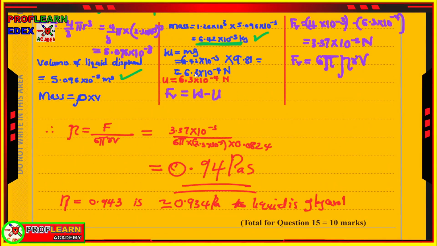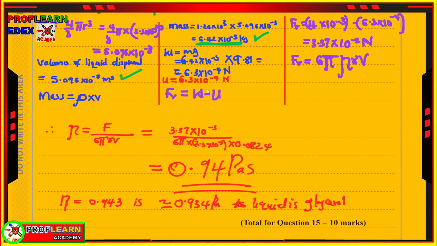This weight of the liquid also represents the upthrust force, because from Archimedes' principle, we say that upthrust is equal to the weight of the liquid displaced. But remember, upthrust plus drag force is equal to the weight.